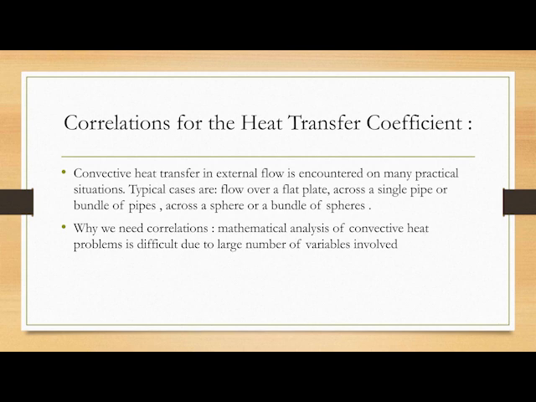So we have different correlations given by different people for flow over a flat plate, flow across a cylinder, flow across a spherical body, and flow across packed fluidized beds. So let's look into it.